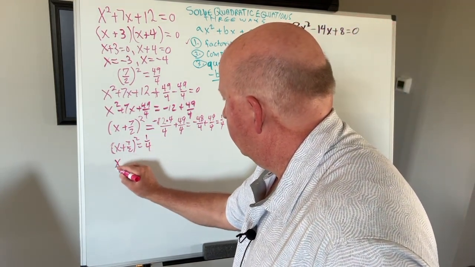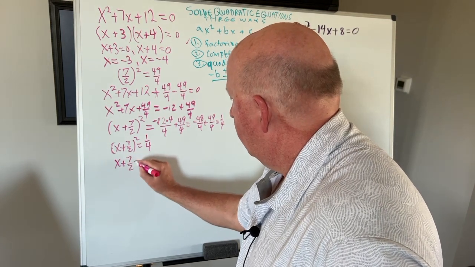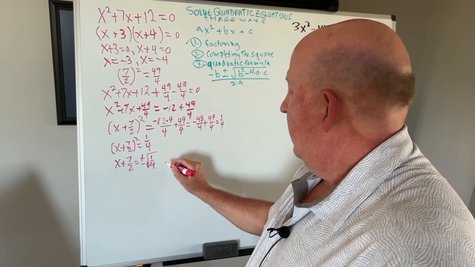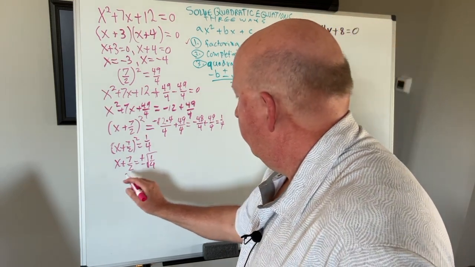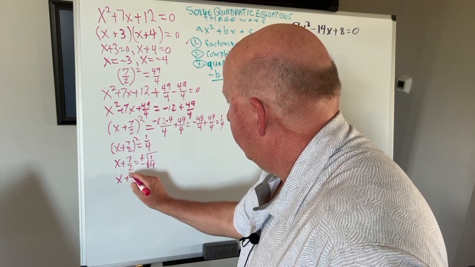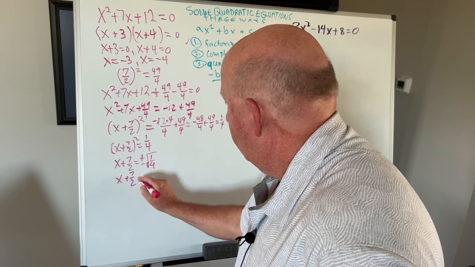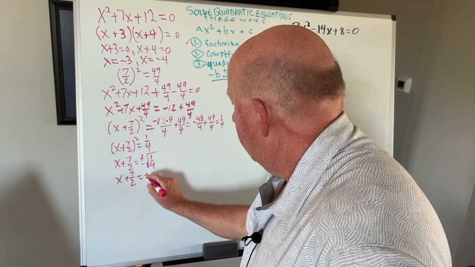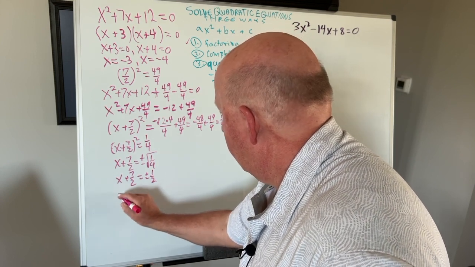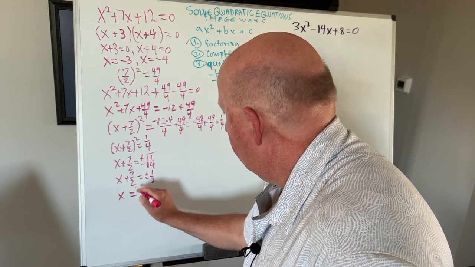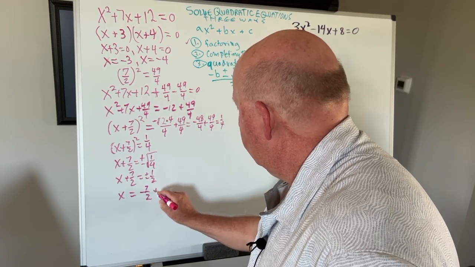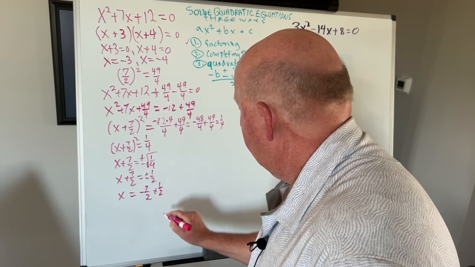So x plus 7 halves equals plus or minus the square root of 1/4, which equals plus or minus 1/2. Then x equals, I'm going to subtract 7 halves, plus 1/2 or minus 1/2.